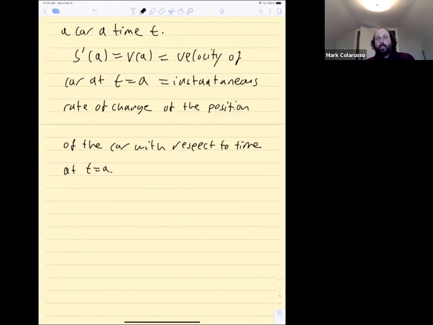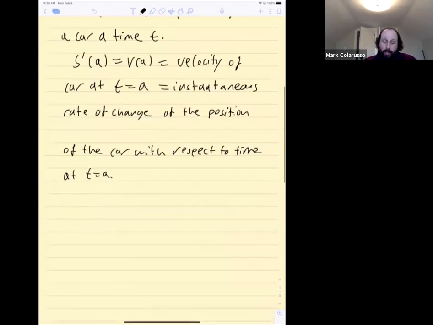The slope of the tangent line to the position versus time graph is exactly the rate of change of position versus time at that moment, and that's the velocity of the car at that moment. It's what your speedometer is reading if that's a positive number.